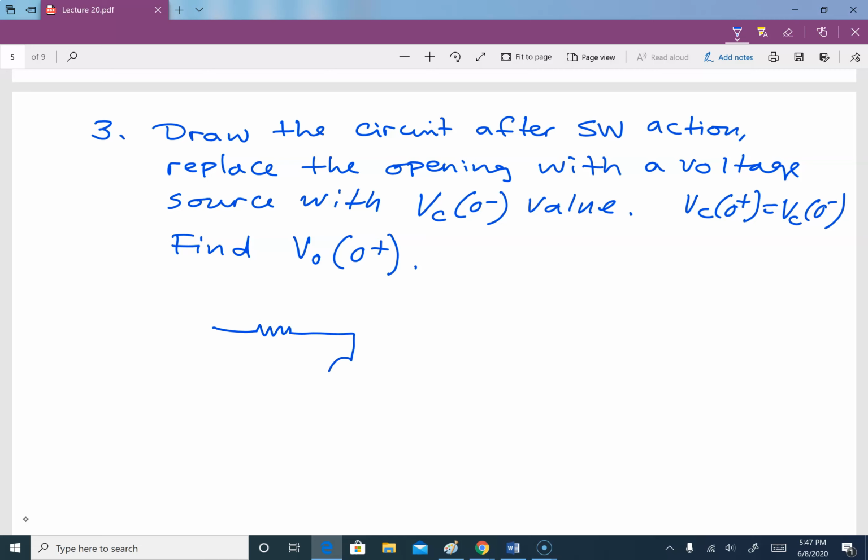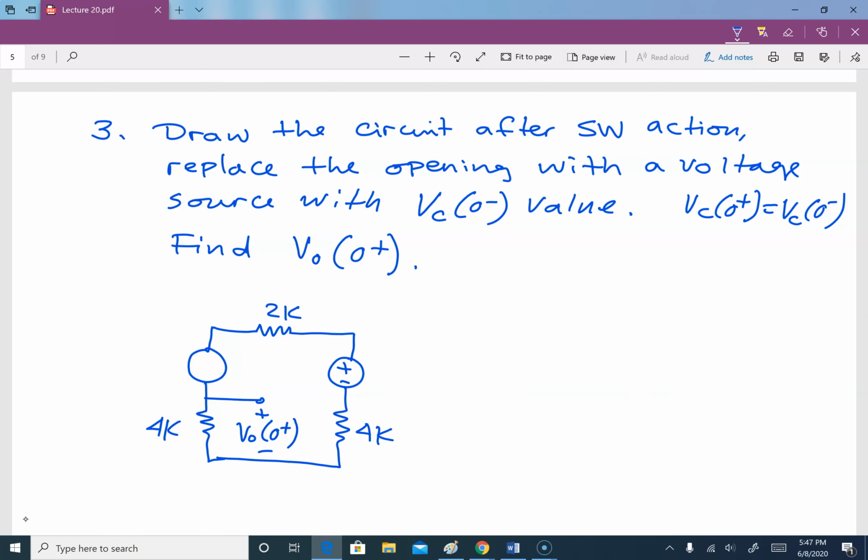We'll draw the circuit. So this is 2K, 4K. This is where we need to find V naught of 0 plus. This is 4K, 24 volts.